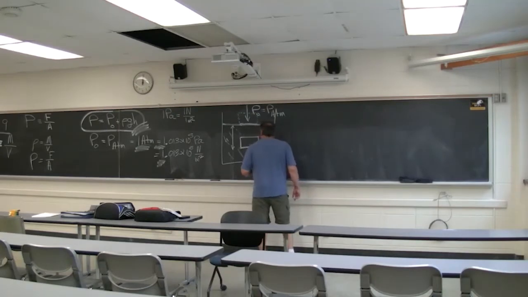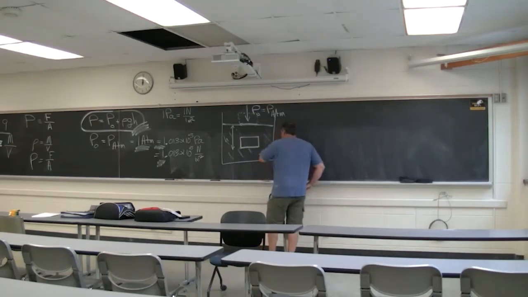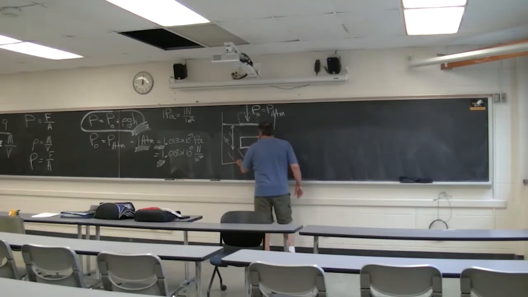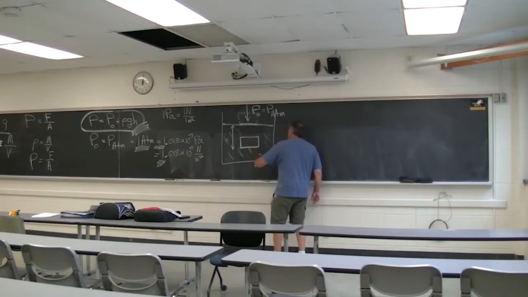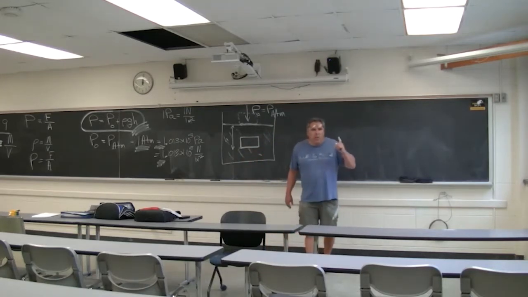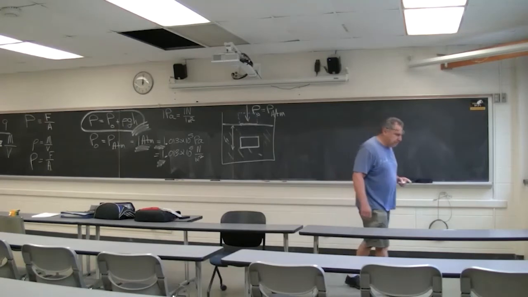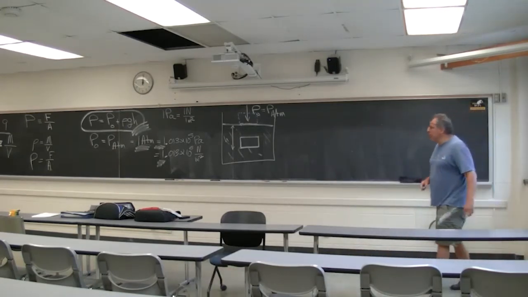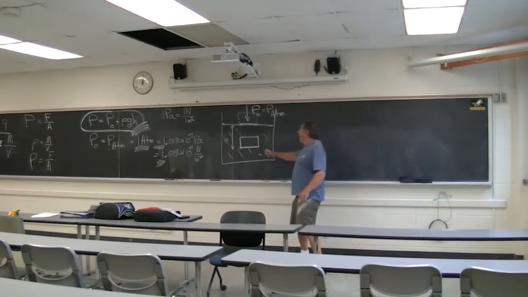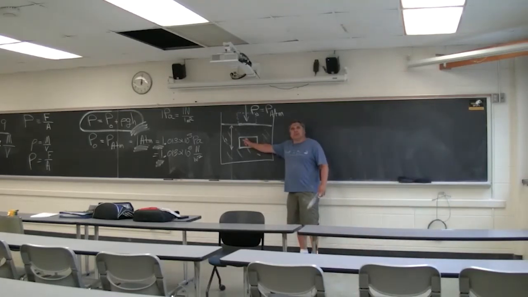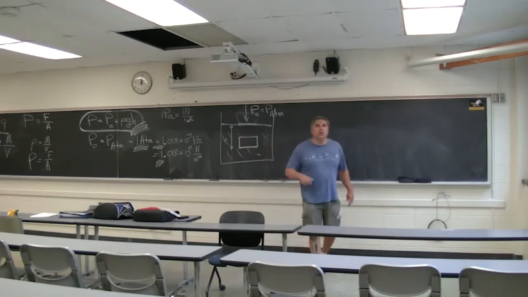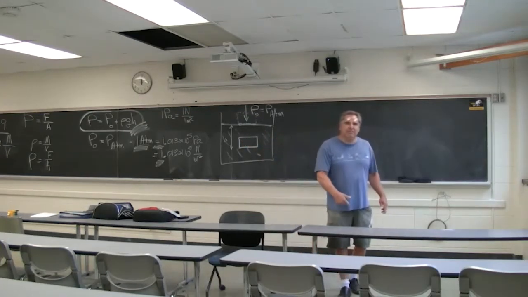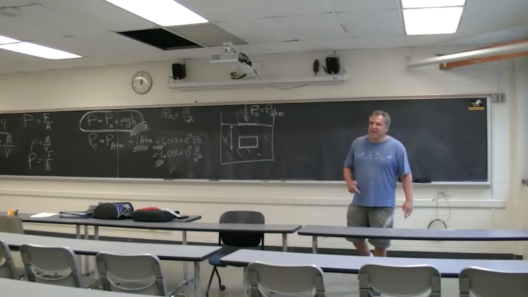Now, what I do want to say is, let's say it's a cube or a rectangular box. What I'm about to show you, I can't prove it to you, I don't have the time to prove it to you, but it holds for any shape object. You can give me the most bizarre shaped object that you want, and what I'm about to show you holds even for that. How can you do that?